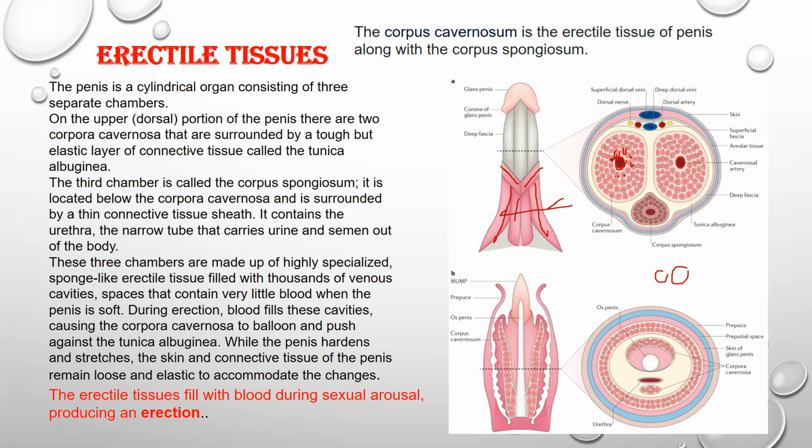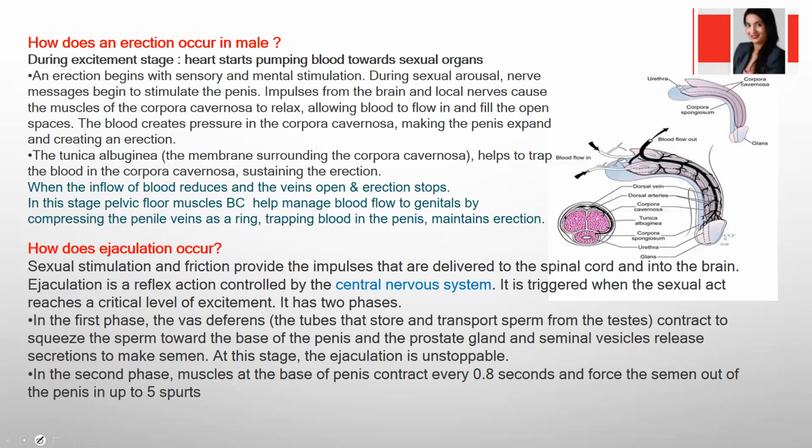There are many things, even the smell, even the visual effect, any stimulus can start creating some kind of erection effect. So the penile structure is never dead. It will always have some kind of action going on, depending upon what the male is thinking at that time.